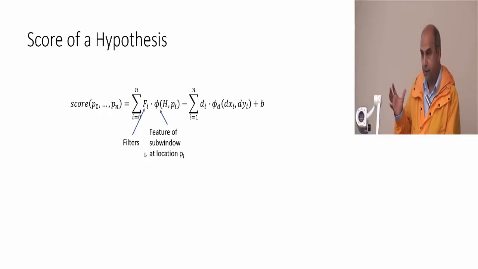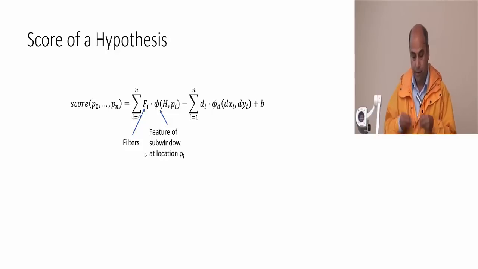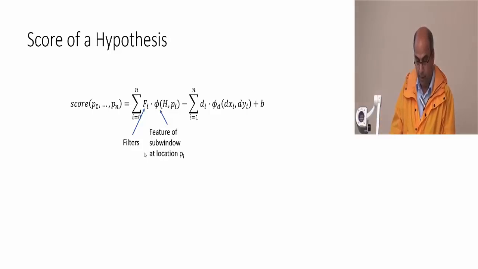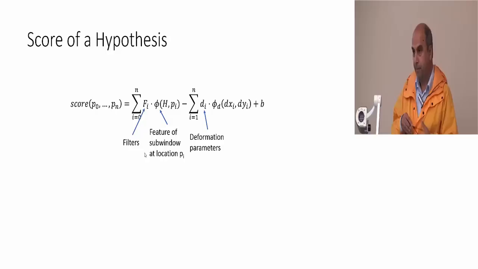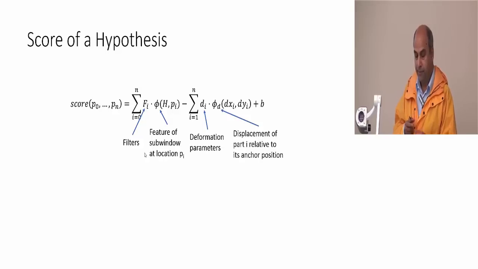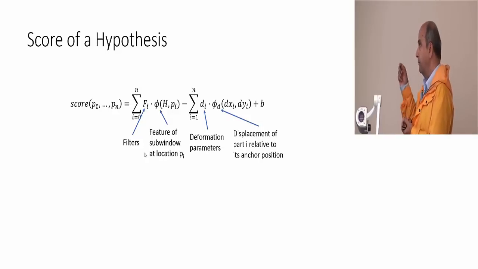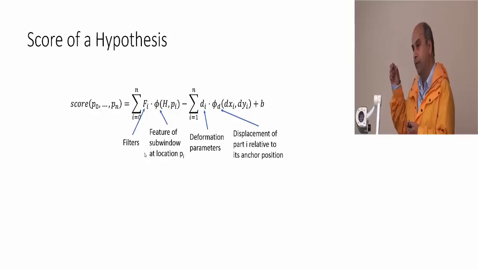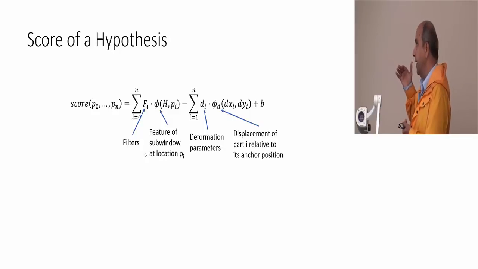The filters, these are your HOG, and of course this is at that location, and also your level and so on. The second term, which is the main and important thing, is the deformation parameters. So d_i is a vector, and Φ_d is a function of the displacement of the part from the anchor position, the displacement dx_i, dy_i, and it will also be a 4-dimensional vector.